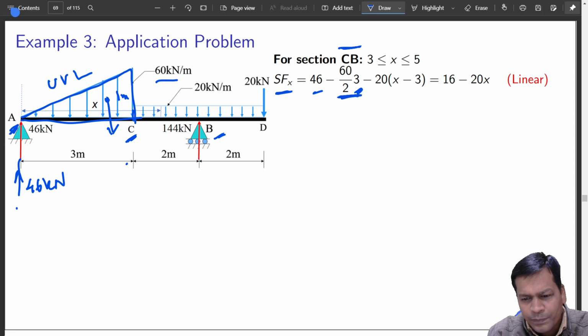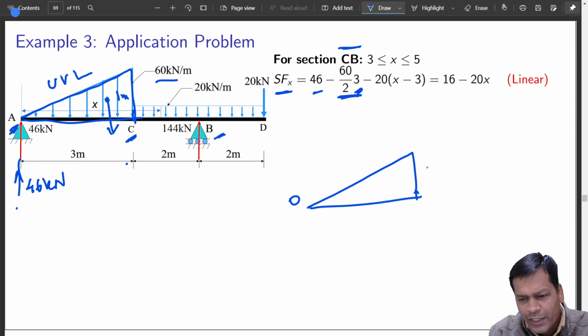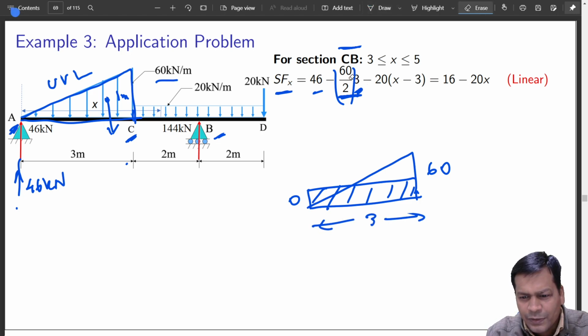Hope you got it. Initially it was 0, finally it is 60. So the mean is 0 plus 60 by 2, into 3, that is the distance. So that is the reason it is this. This is the total load acting downwards, so you see a negative sign.